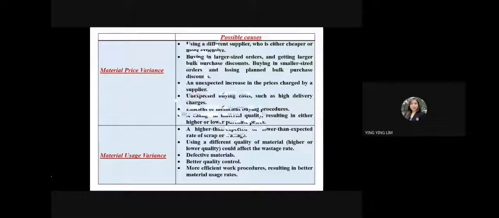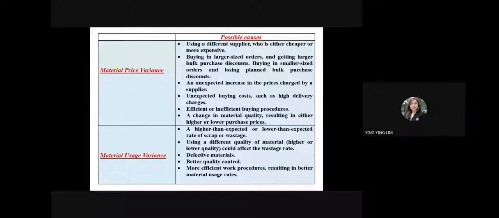So for this table, what it means is that last week when you learned how to calculate your variance analysis, you got the answer and whether it is adverse or favorable. From there, you must be able to interpret what this adverse or favorable stands for, which means looking into the causes of the variances.